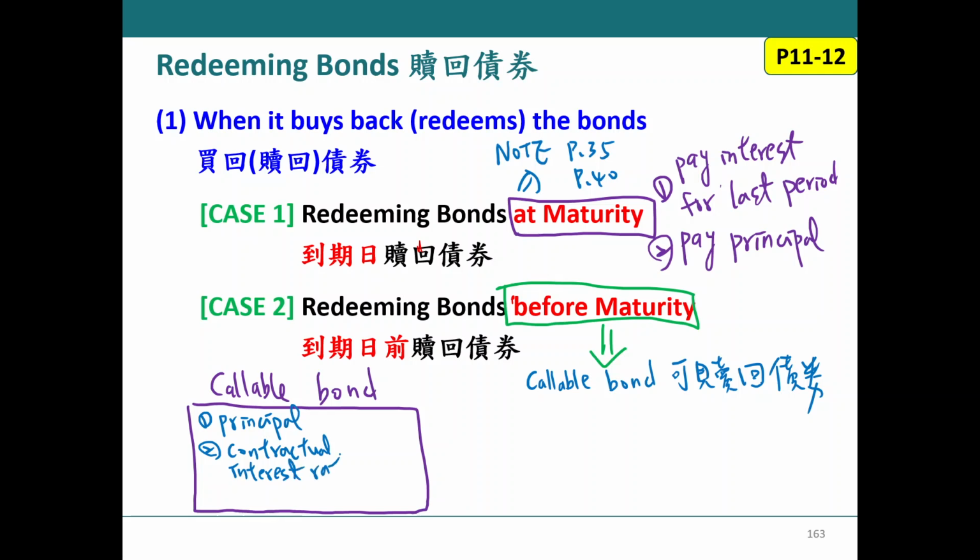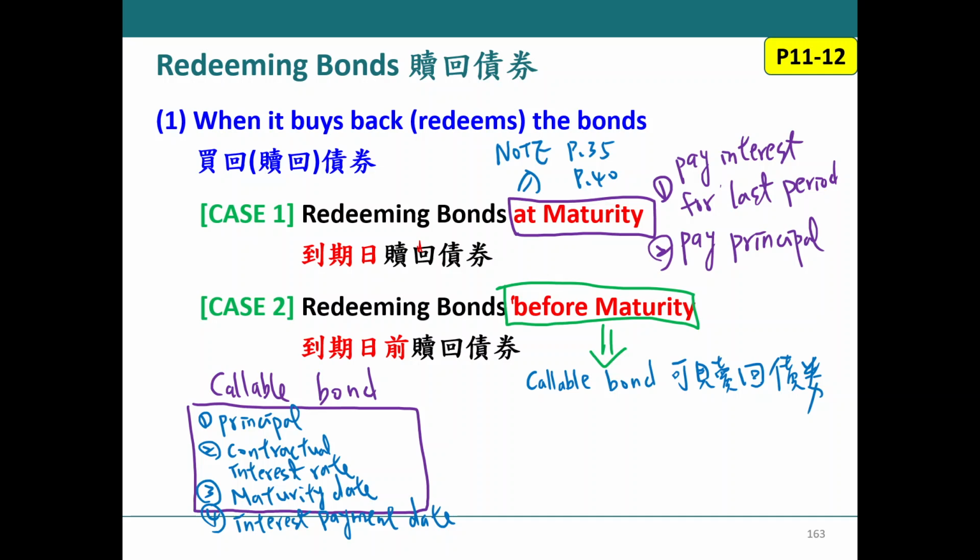What's the third promise? Maturity date. When you should pay the money back. What's the last one? Interest payment date. When you should pay the interest. Okay? So these are 4 basic promises we have for normal bond.